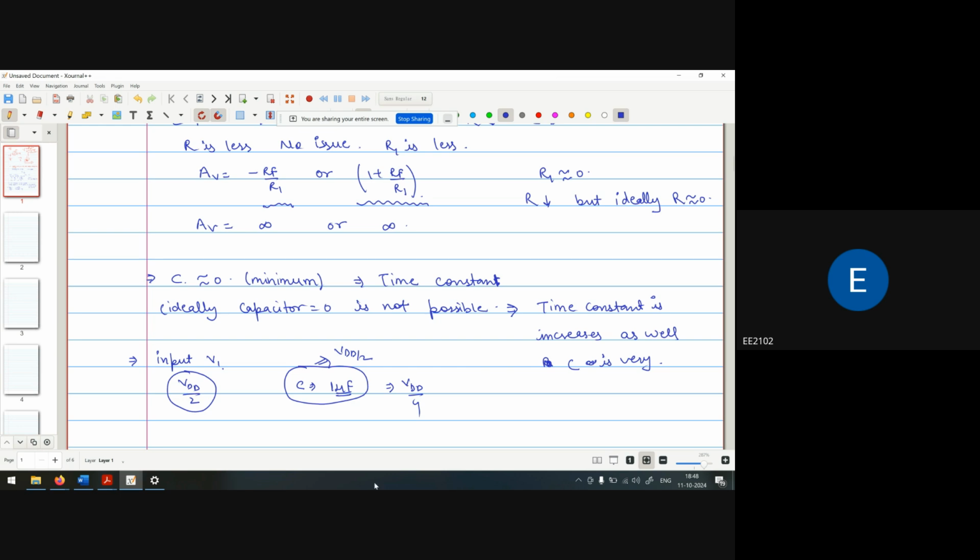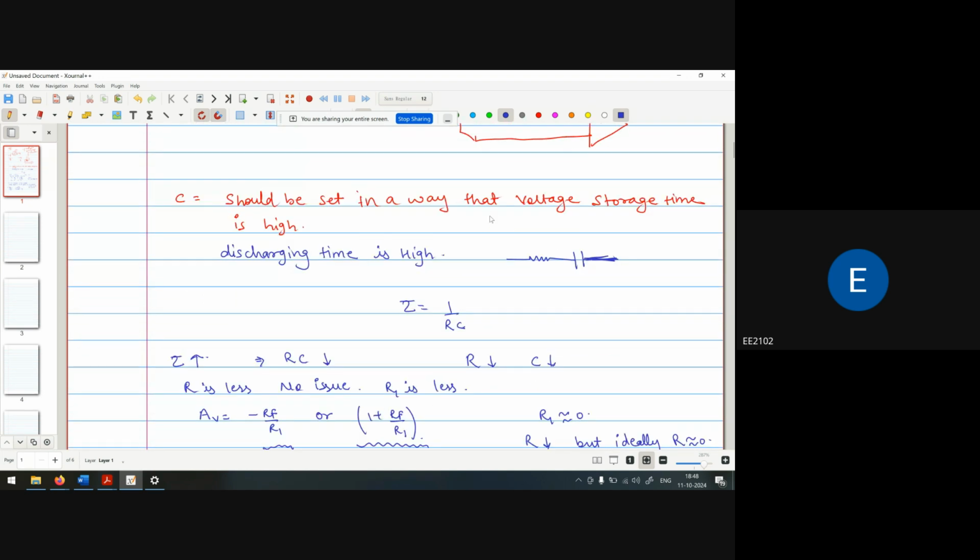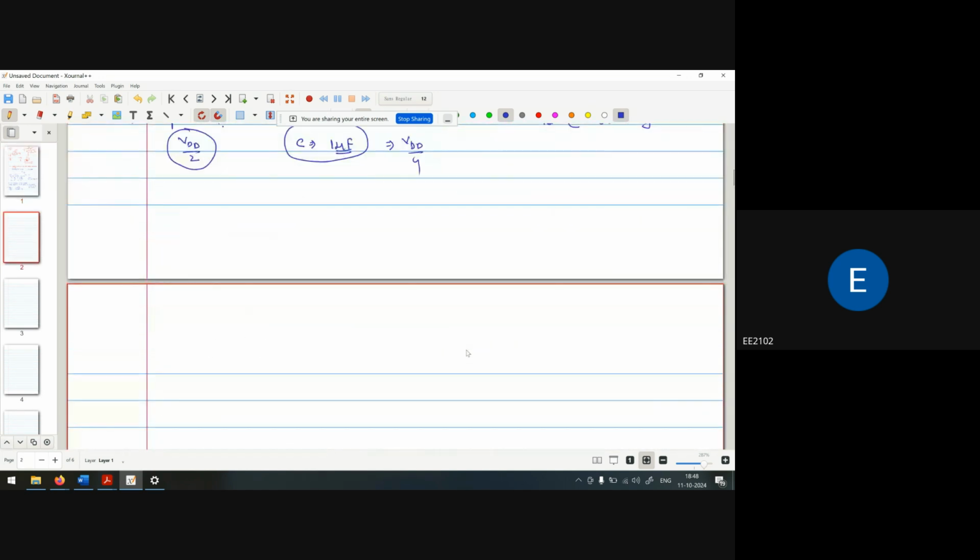Because if my R1 is zero, like I am creating one circuit here, my circuit should be like that. This is my operational amplifier.